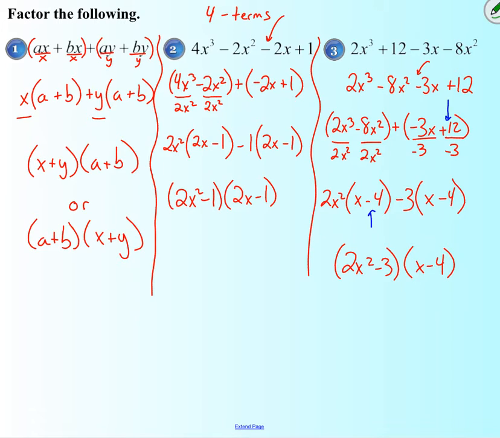And lastly, you can always check your answer by distributing these back out and see if you get the original problem. I'll take number 2 for example. If I were to double check my answer, I would distribute.